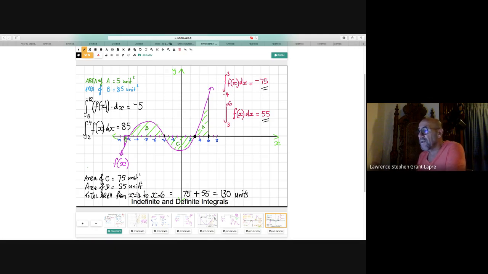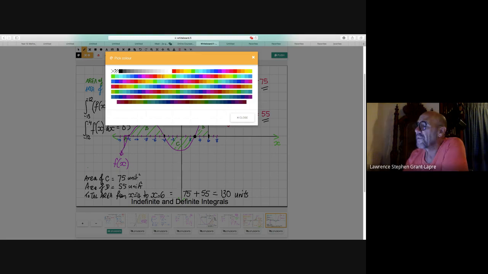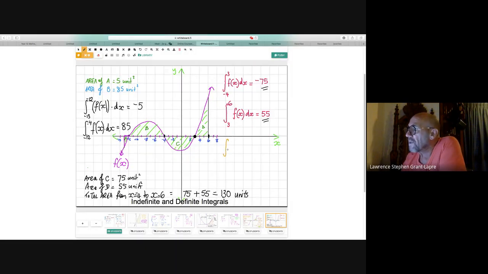Okay, good. But how about if I ask this question? What is the definite integral from -4 to +6 of f of x? What do you think our definite integral will be between -4 and 6? Notice we've got C underneath the x-axis, and D is above the x-axis.